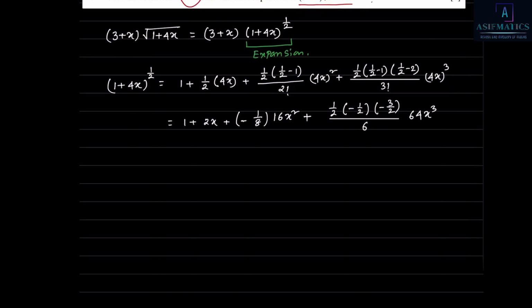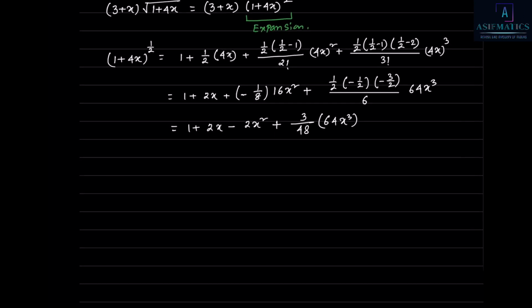We can simplify 1 plus 2x minus, now this will be 2x square, plus, we will have minus minus plus, so this will be plus 3 by 48 times 64x cube.